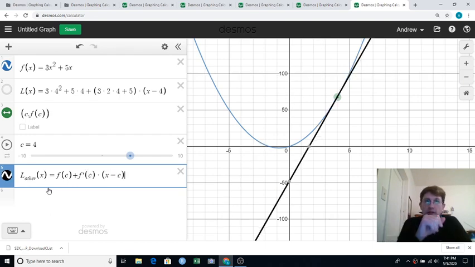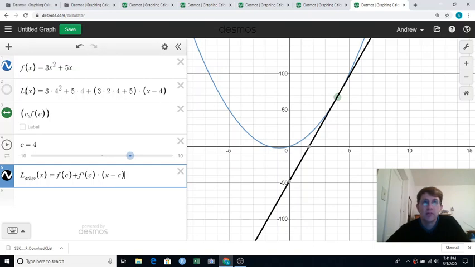But notice that it's plugging 4 into f, and it's computing the derivative for us at f prime, just the individual value of the derivative at c, not the whole derivative function.